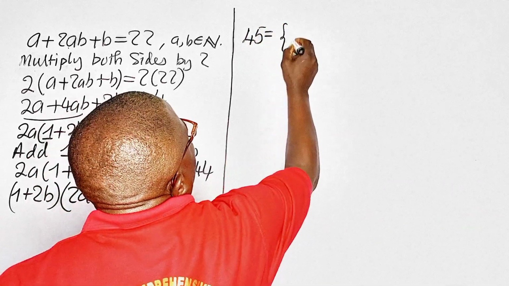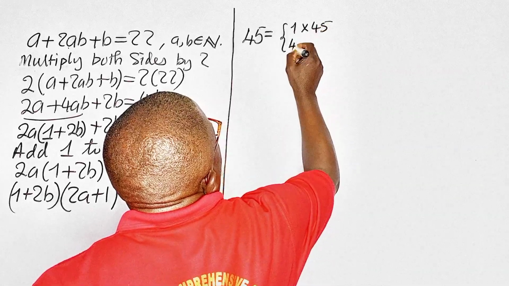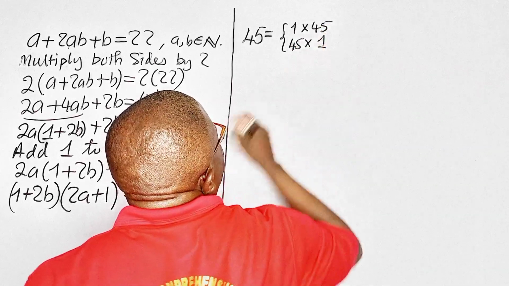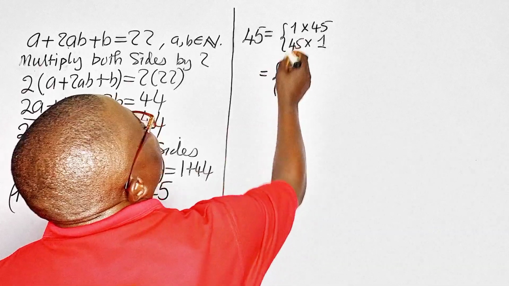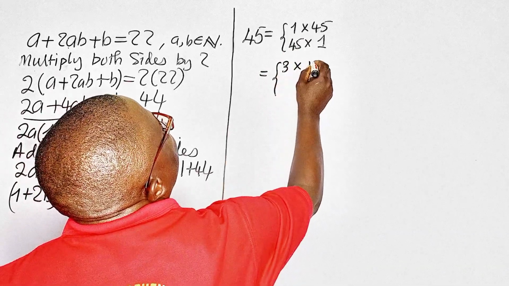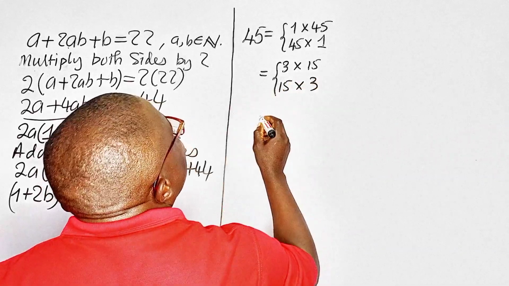can be decomposed as 1 multiplied by 45 or 45 multiplied by 1. Also, 45 can be decomposed as 3 multiplied by 15 or 15 multiplied by 3.